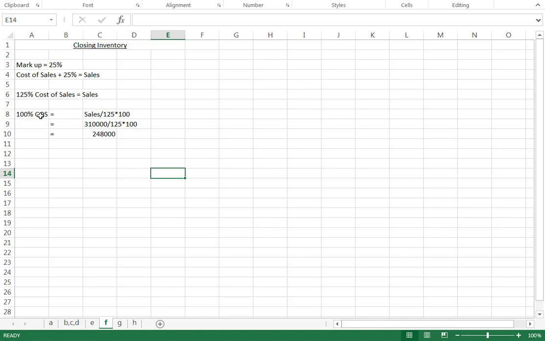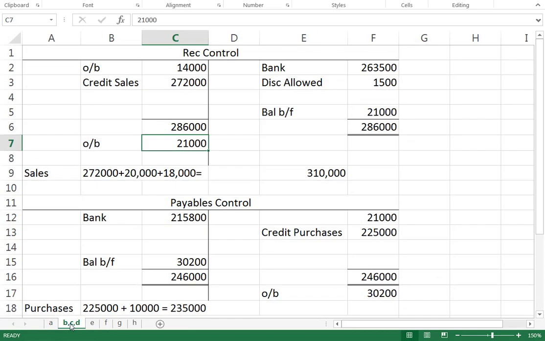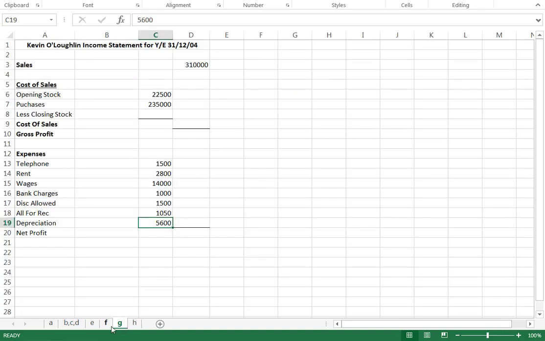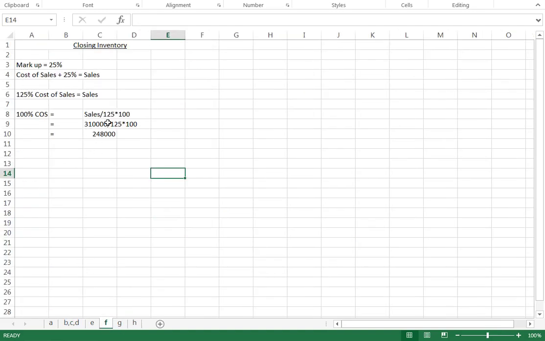If I want 100% of cost of sales, then I've got to say sales divided by 125 multiplied by 100, or any other way that you're comfortable with. In this case, we knew that our sales was 310,000, divided by 125 multiplied by 100 gives us 248,000.